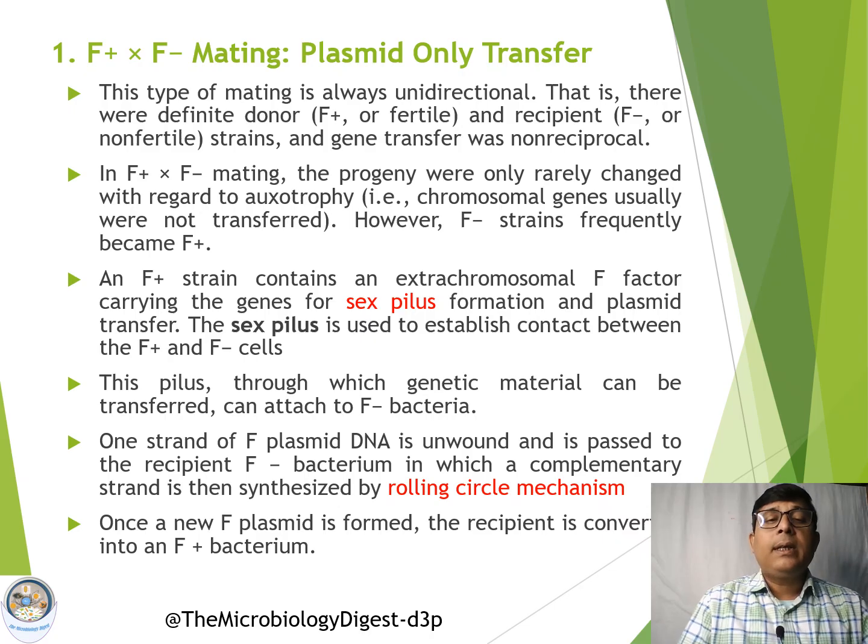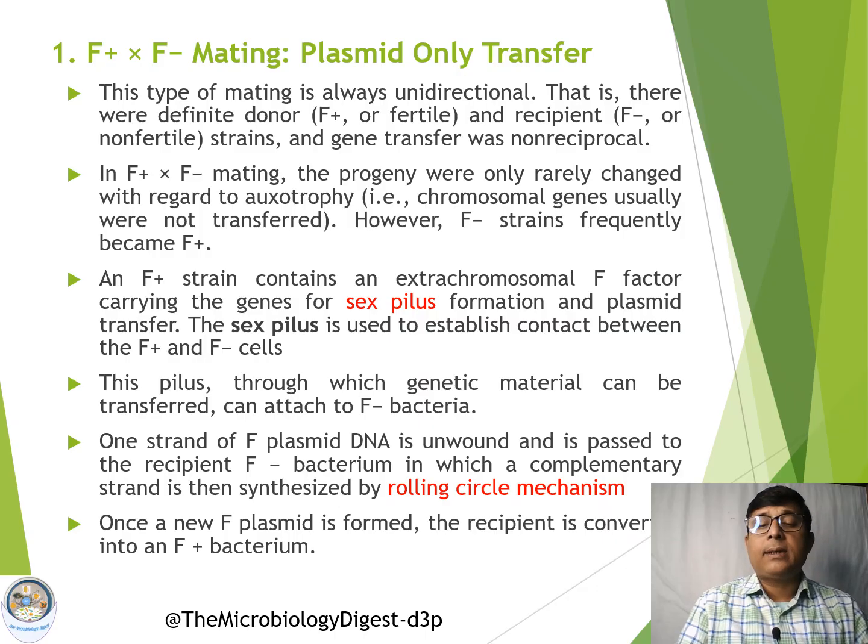There is formation of the sex pilus due to the presence of the F factor. Okay, and through this sex pilus there is establishment of contact between the two bacterial cells. Both donor and recipient establish connection through this sex pilus.